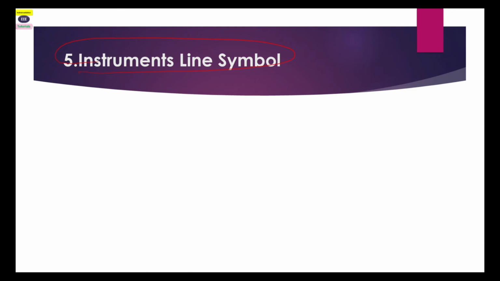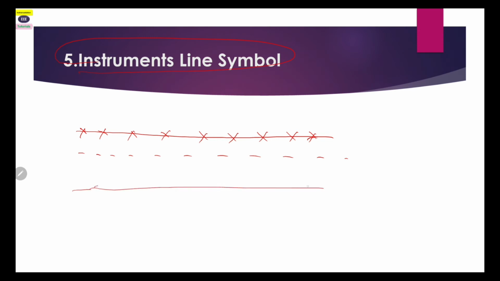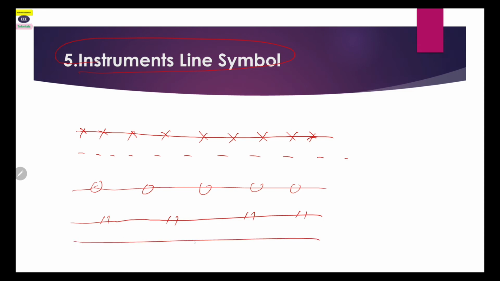So now, if some line is given in this way, and if some line is given this way, and this way, and this way, and if some line is the sine wave, this is the sine wave.